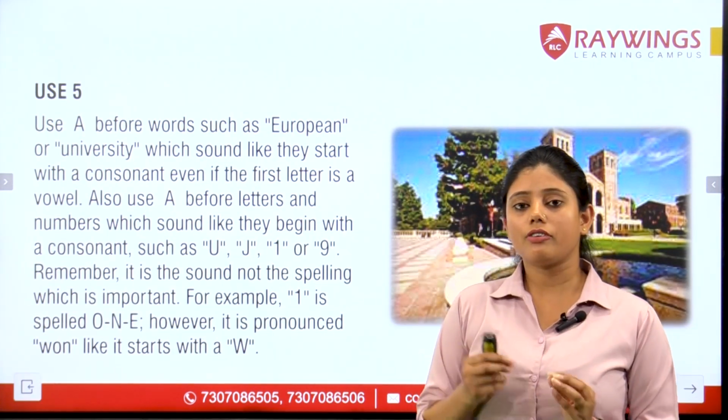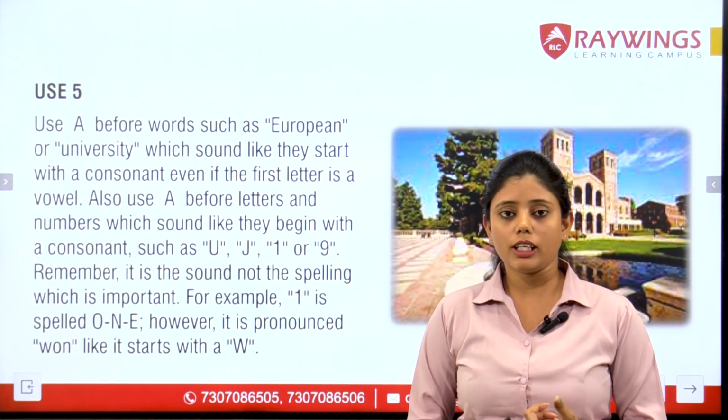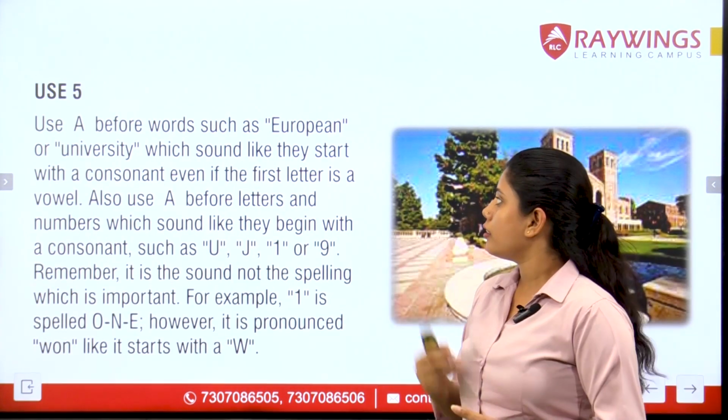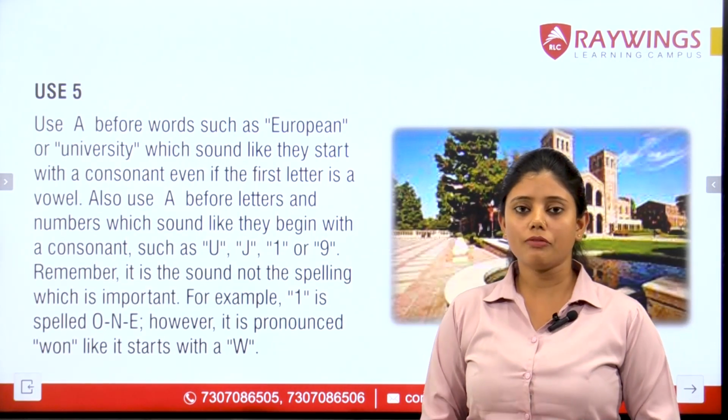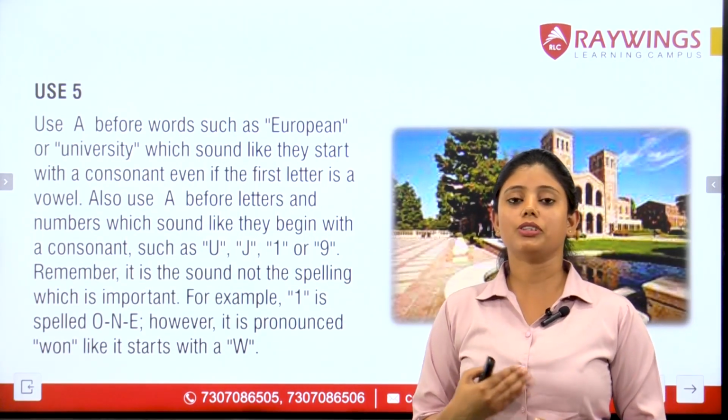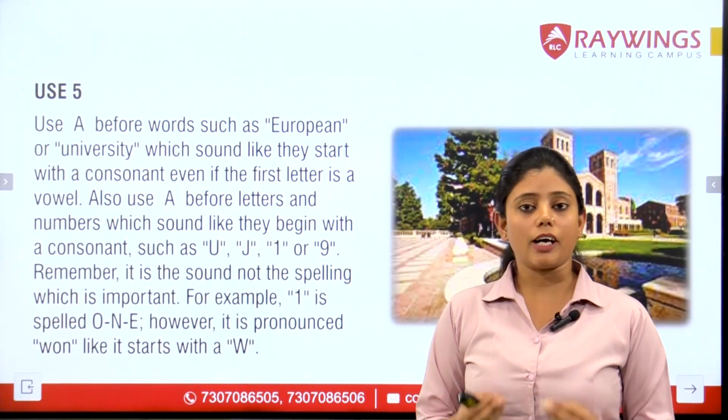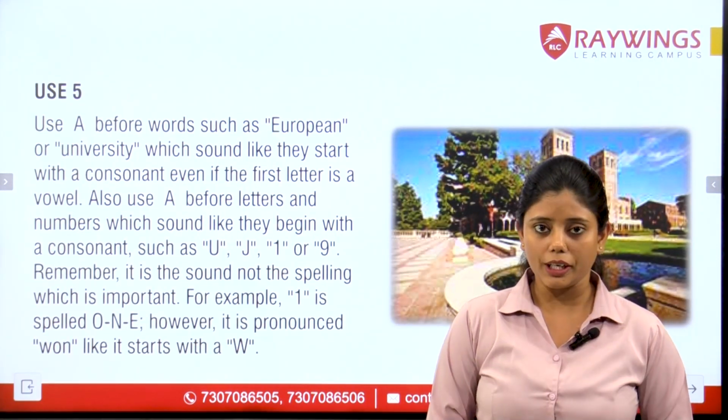Although when we write words like university or European, the first letter is a vowel. But when we are going to pronounce it, when we are going to say it, the first sound is actually not a vowel. It's a consonant, right?